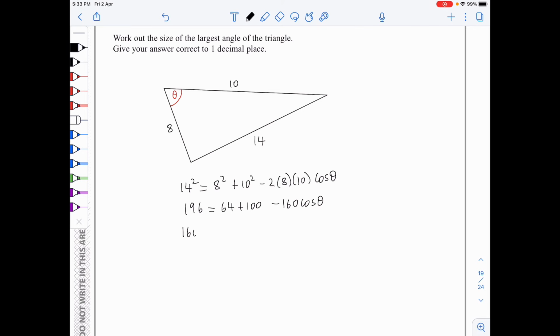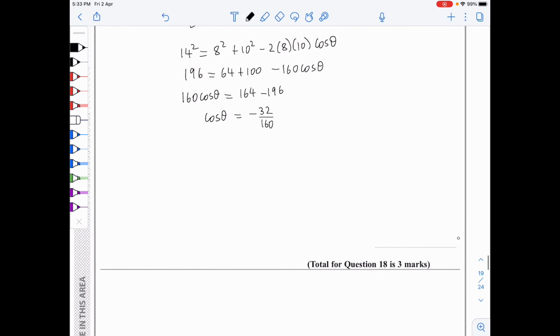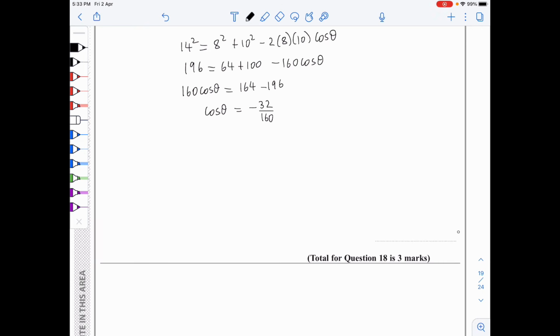So 160 cos theta is 164 minus 196, and this leads to cos theta is minus 32 over 160. If we just do shift cos of that, we get that theta is 101.5 degrees. So that's the largest of the three angles.